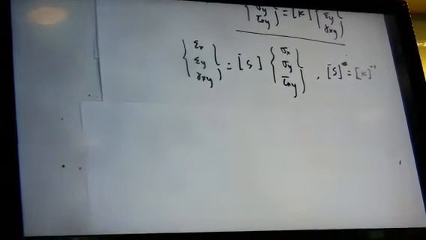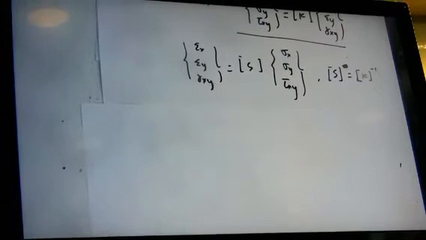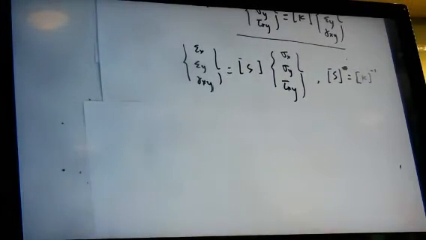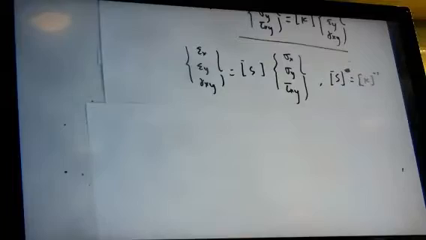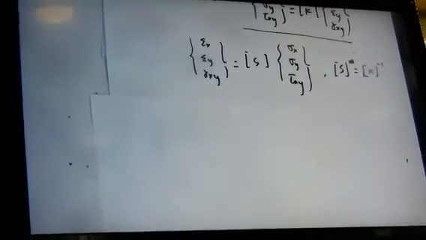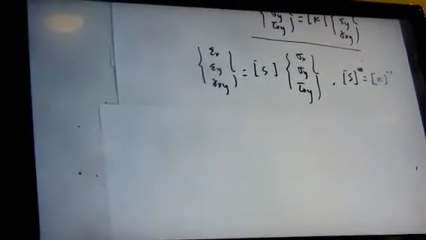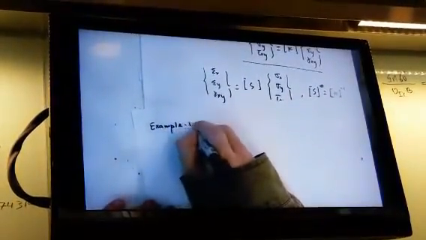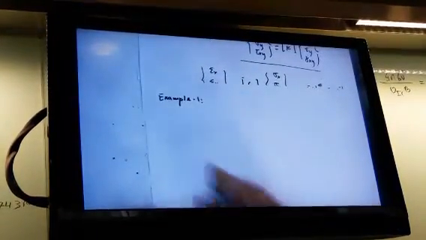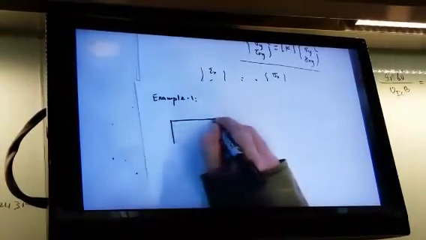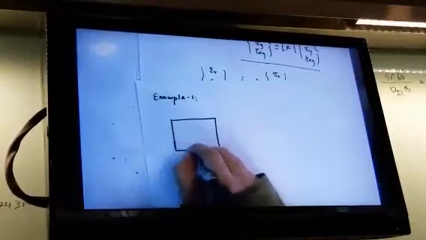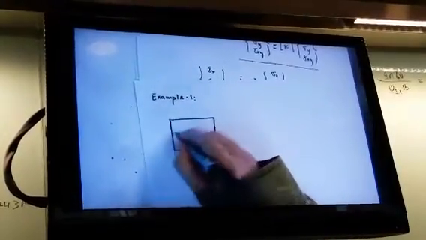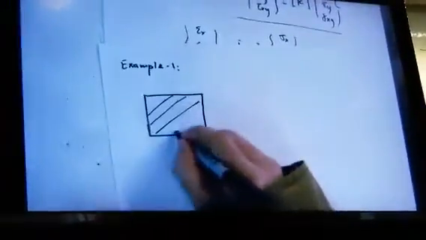So the first example I'm going to do is a very special example. Generally orthotropic composites, and this is a filament direction.